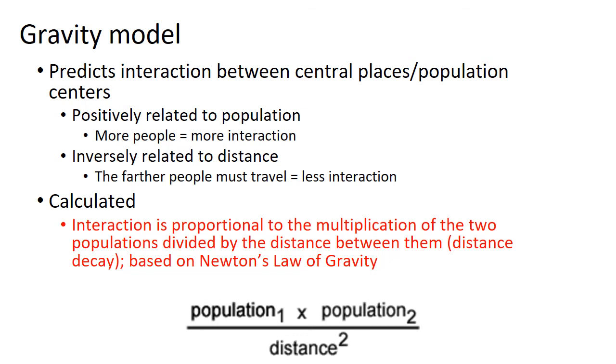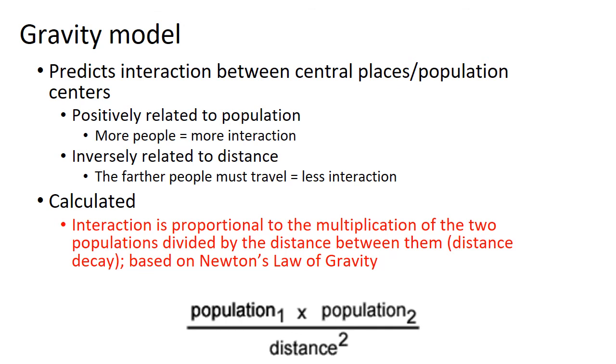And what it says is that places that are larger and closer together will have a greater interaction than places that are smaller and farther apart from each other, all right? That the more people in 2 cities, the more interaction you can kind of predict between them, and that the farther people must travel, the less interaction you're going to see between them. The closer those cities are together, the more interaction you'll see between them, right?